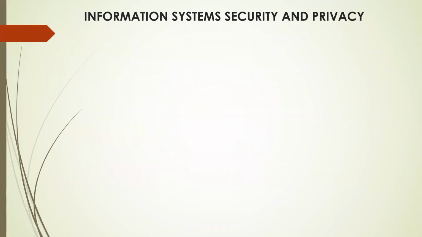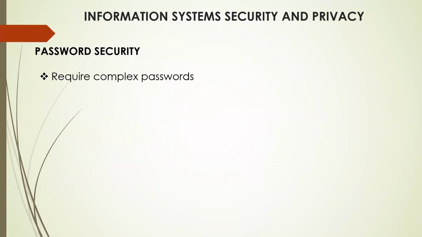Number one, we have required complex passwords. One reason passwords are compromised is that they can be easily guessed. A recent study found that the top three passwords people used in 2012 were password, 123456, and then 12345678. A password should not be simple or a word that can be found in a dictionary.